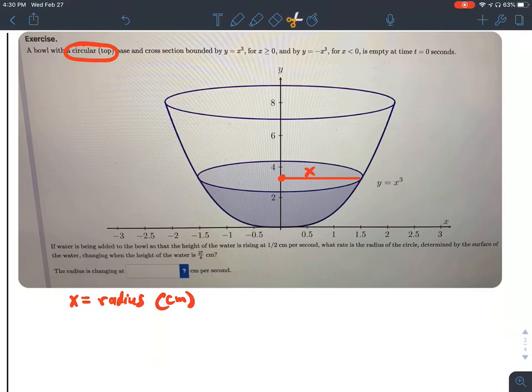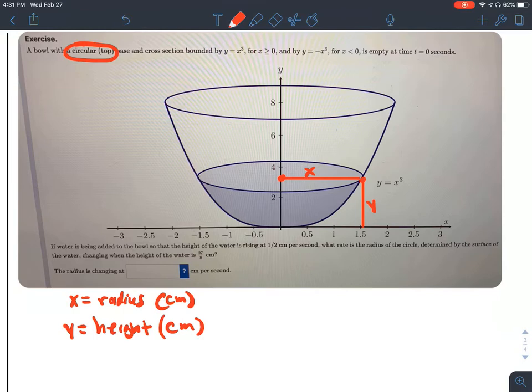So this is what I mean when I say define the variables. It says it's bounded by the curve y equals x cubed. Well, to know at any specific height of this, y represents the height. That's also measured in centimeters. So there's two variables that we've defined.